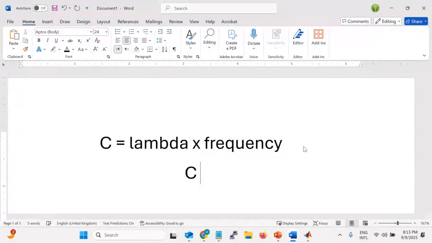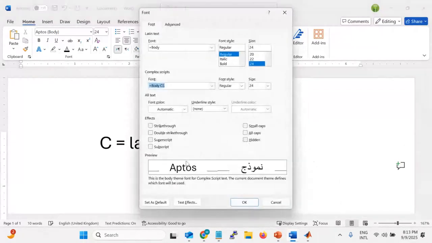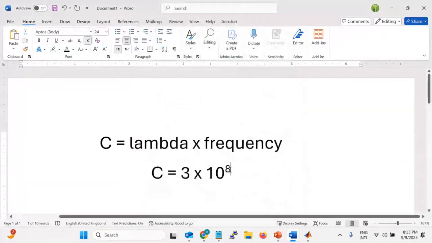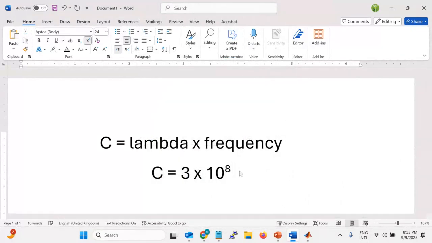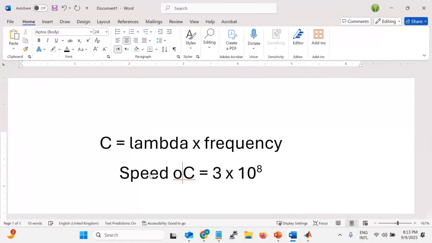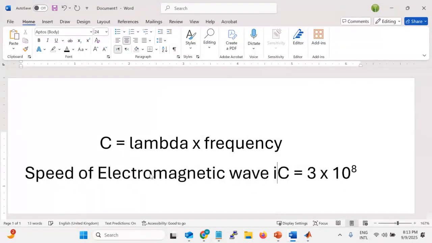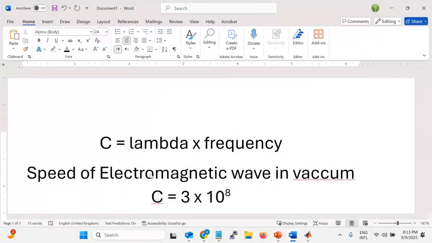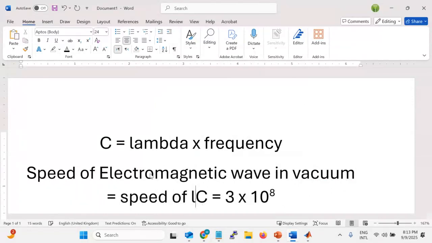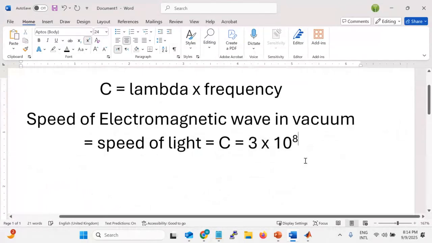How much does C equal? C equals 3 times 10 power 8. This is constant, fixed. This is the speed of electromagnetic wave in vacuum, which equals the speed of light, C, 3 times 10 power 8.